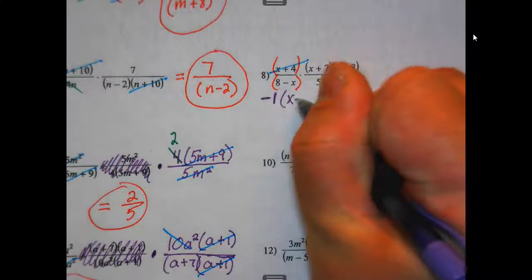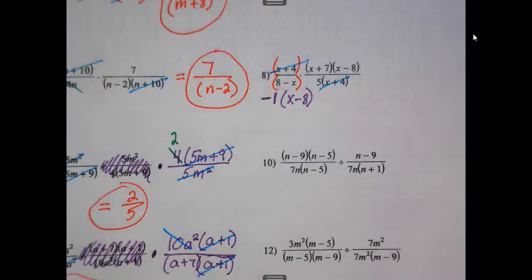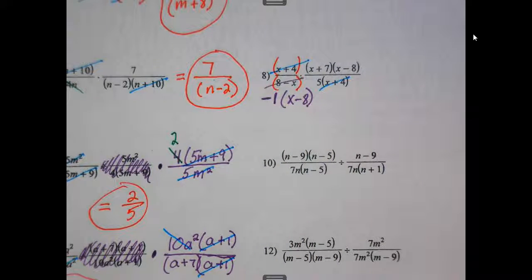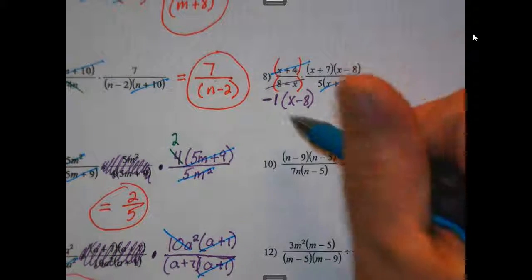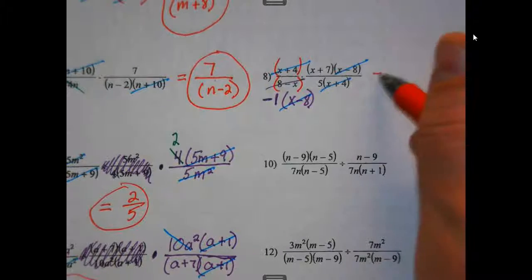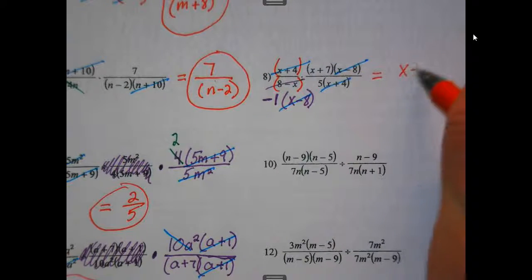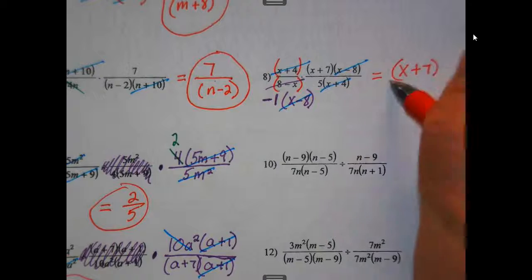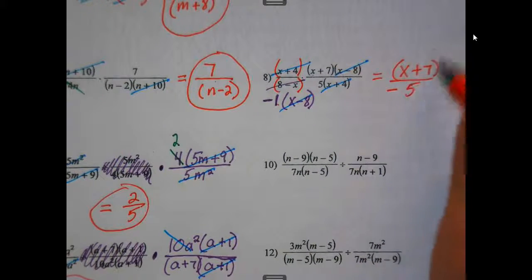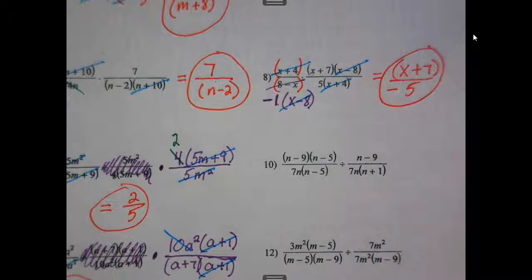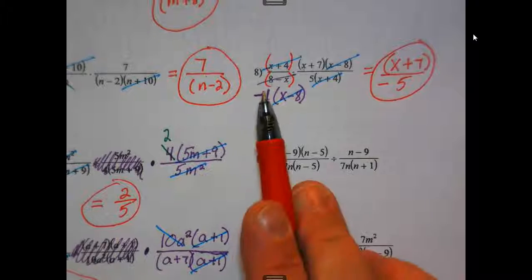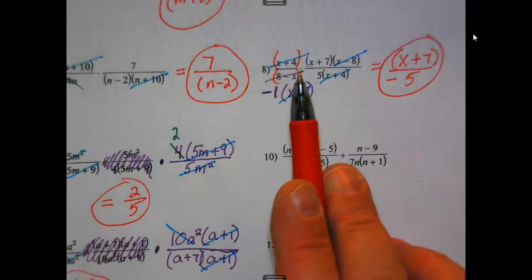Gives me x minus 8. So now I can cancel out my x minus 8. And I'm left with x plus 7 over -1 times 5 is -5.